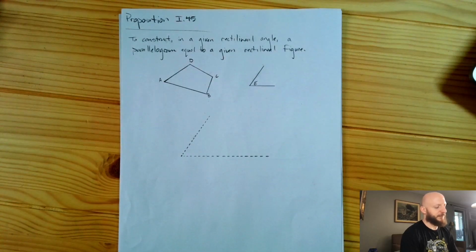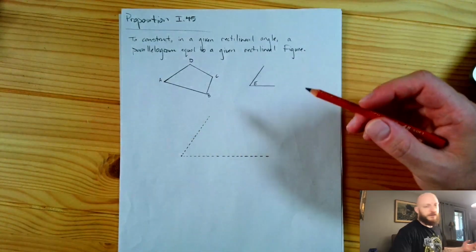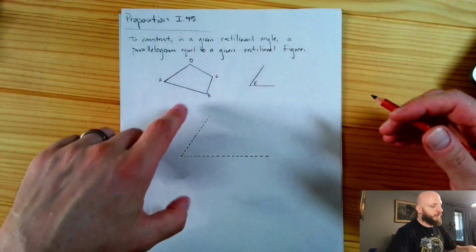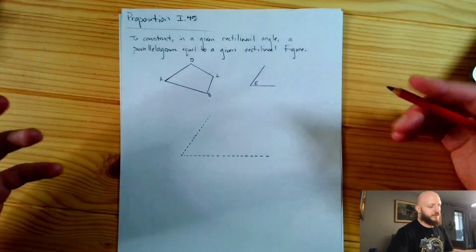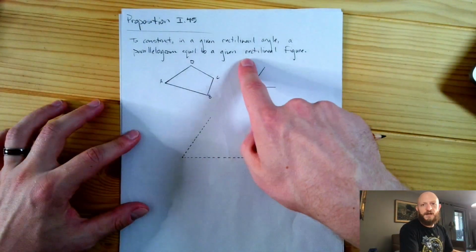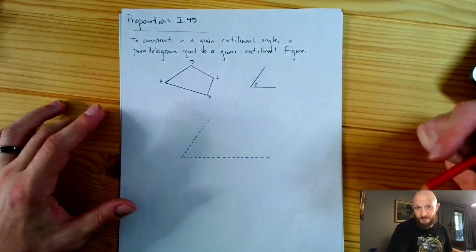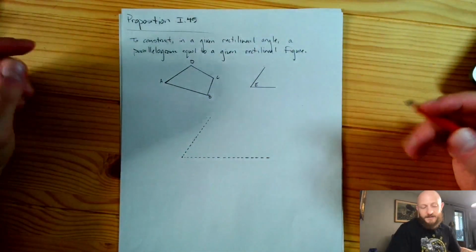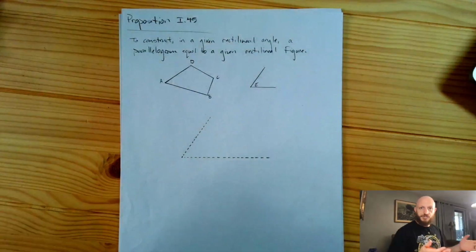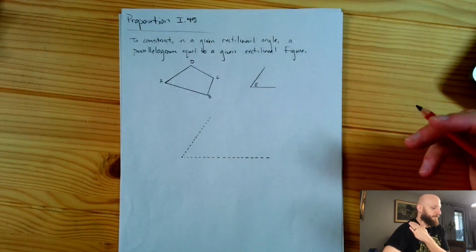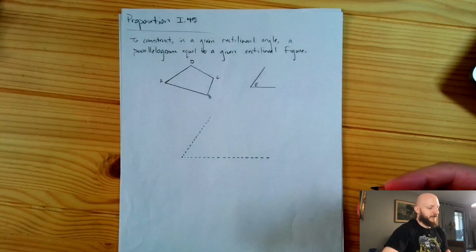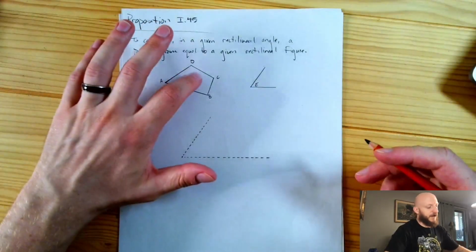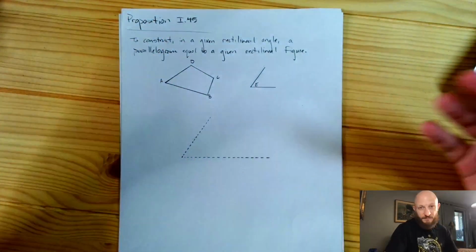this proposition extrapolates. The way that Euclid goes through this proposition is he does the construction for where the figure that we're given is a quadrilateral, but notice that it doesn't specify quadrilateral. It's any rectilineal figure. So even if you had something with 5 sides, 6 sides, 7 sides, assuming that all of the sides were just straight lines, this proposition allows you to construct a parallelogram and decompose figures that have more than 4 sides.